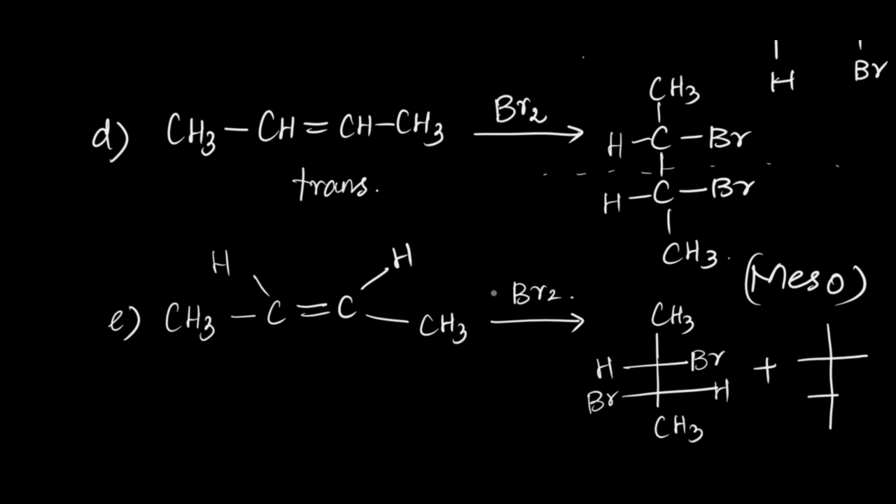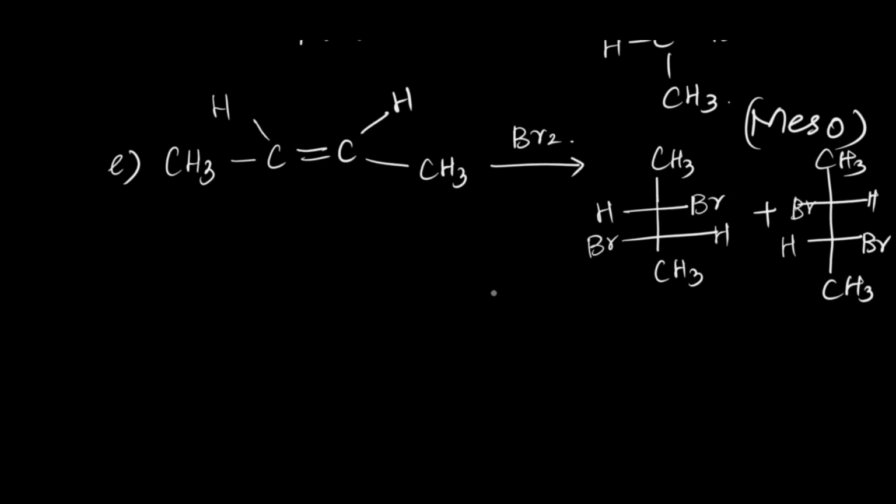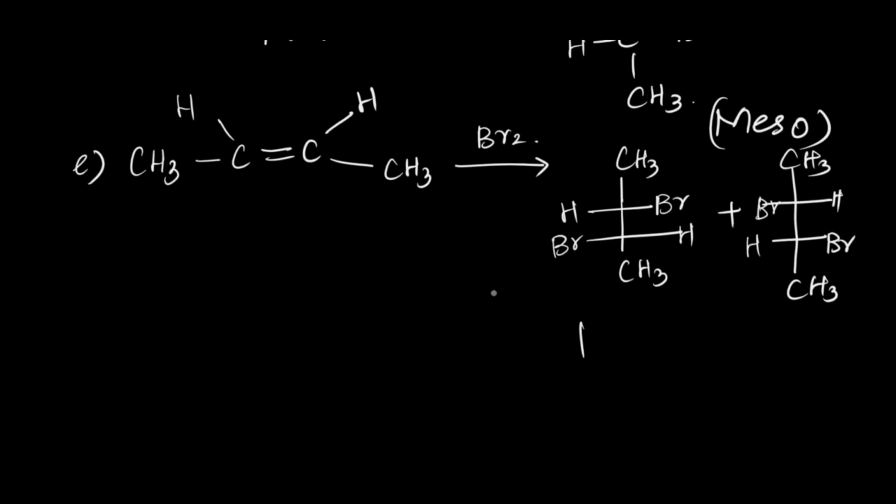And the mirror image of this, which is Br with H, H with Br, and then CH3, CH3 goes. So this is our racemic mixture, which is nothing but an equal amount of D and L isomer.